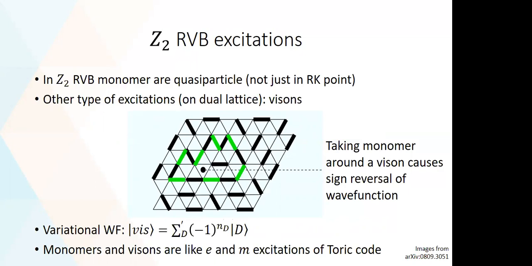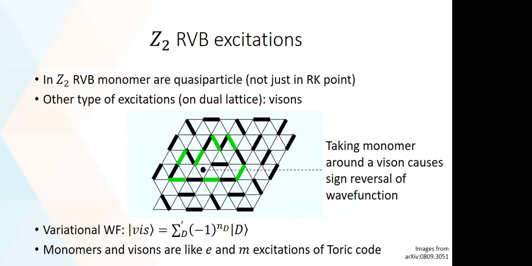The positive superposition is the ground state only at the RK point. The Vison wave function I wrote down is the excited state at the RK point.